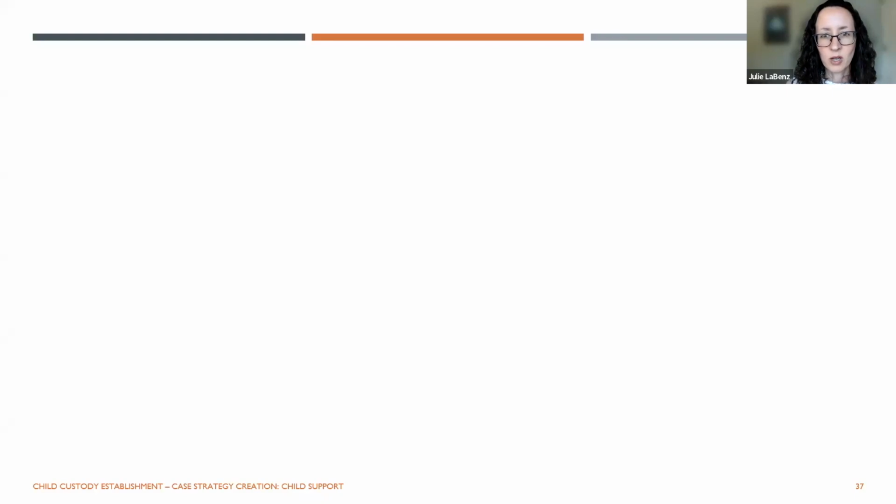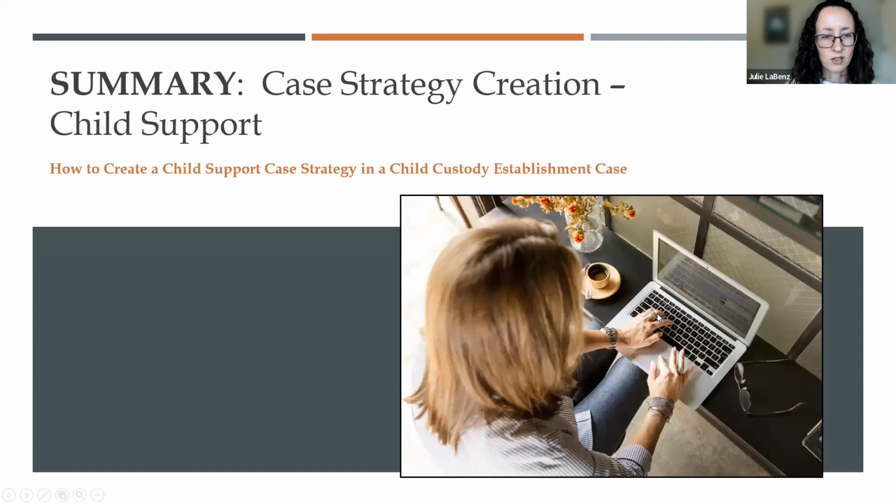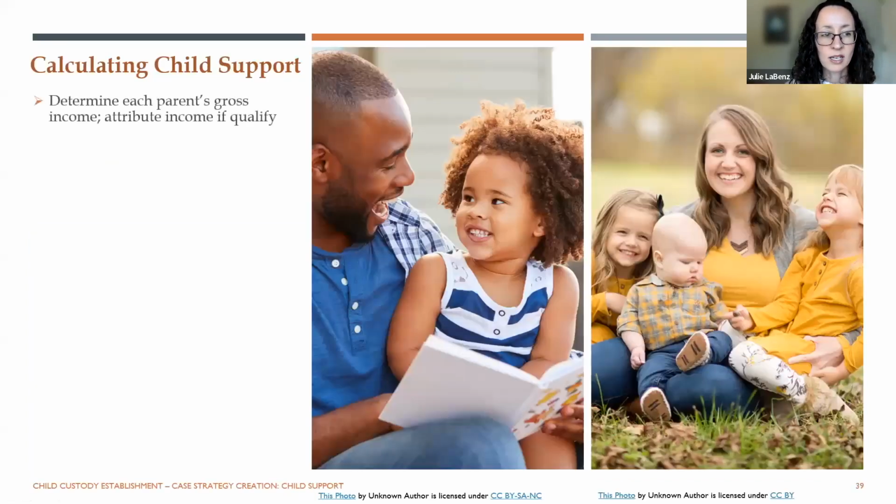So we just went through the child support worksheet. Let's do a quick summary and wrap up today's video. In calculating child support, you'll need to determine each parent's gross income, and you have the option of attributing income if you qualify. In other words, if it's fair and equitable in the circumstances.